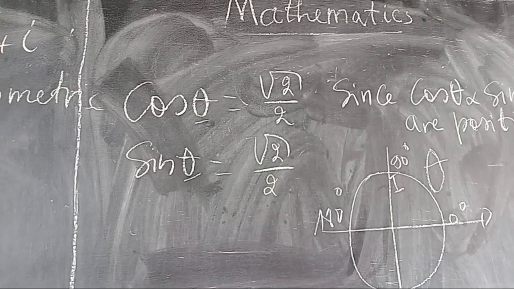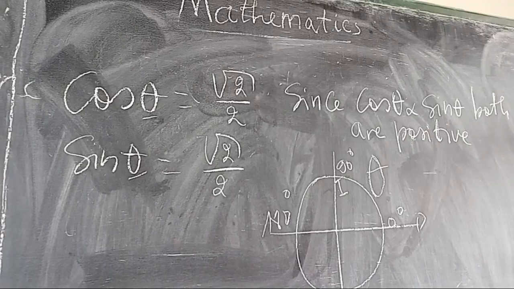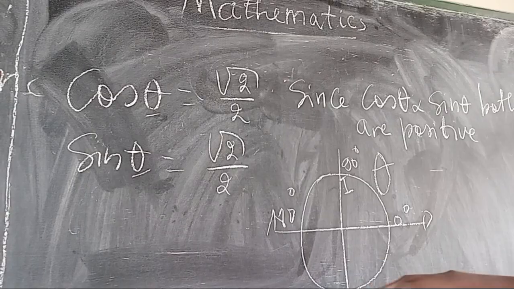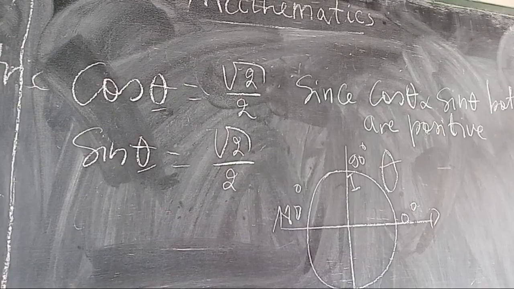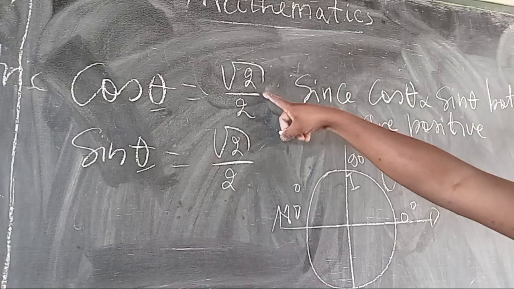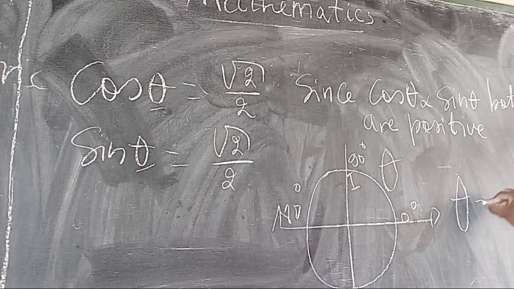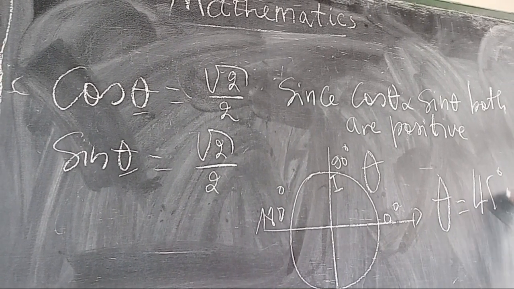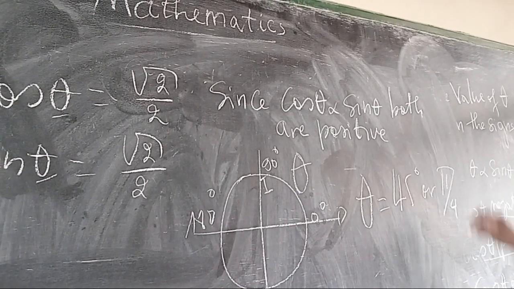Teachers, as you remember how to get trigonometric values, especially for special angles, by using a unit circle, this angle in the first quadrant, with cosine is that one and sine is that one, must always be equal to how many? 45 degrees. Or you can say pi out of 4 radians.